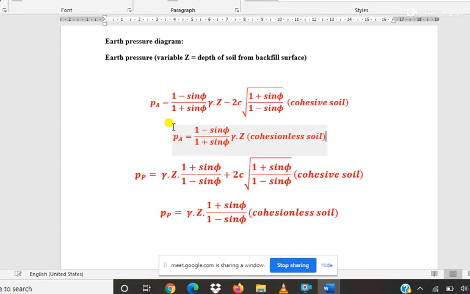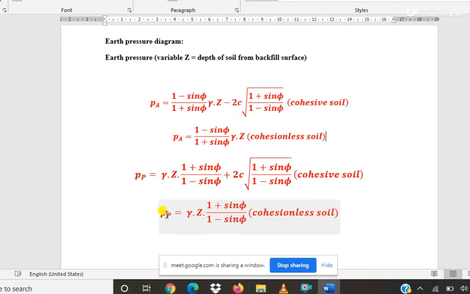this is clear that all these equations are the equations of straight line, but in different forms. These two general equations are representing one straight line, but with some intercept in vertical axis. But these two equations are the equations for cohesionless soil.